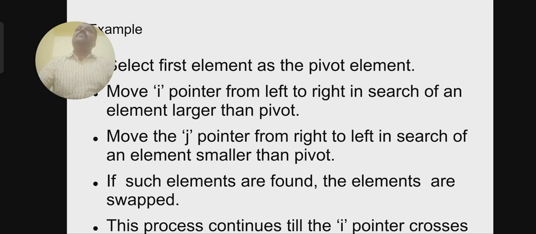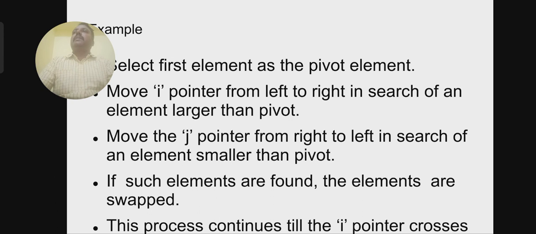Then the elements are swapped or interchanged. If such elements are found, the elements are swapped. This process continues till the I pointer crosses the J pointer. The position for the pivot is found, and the pivot and the element at the J position are interchanged.